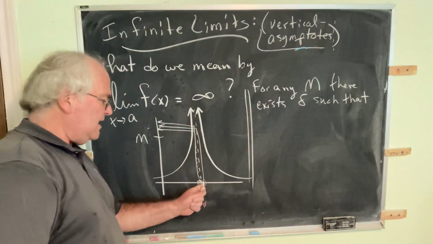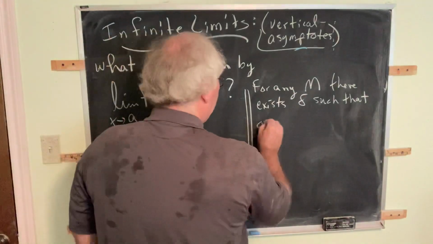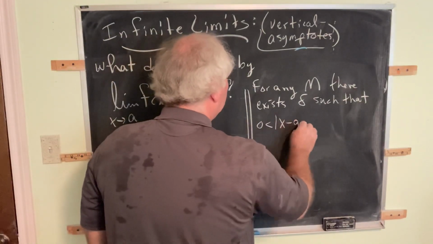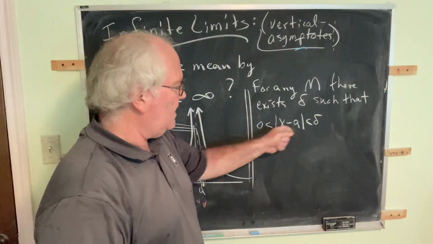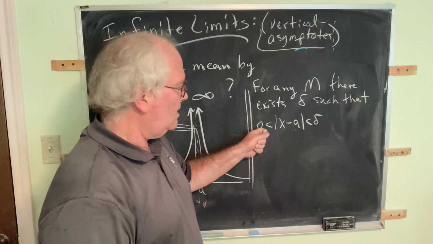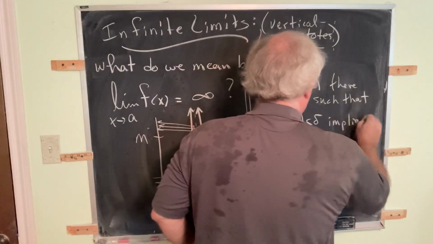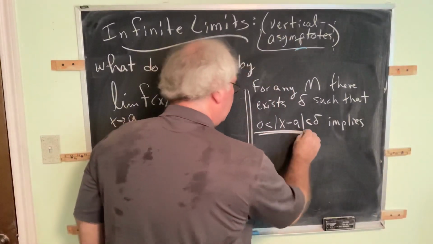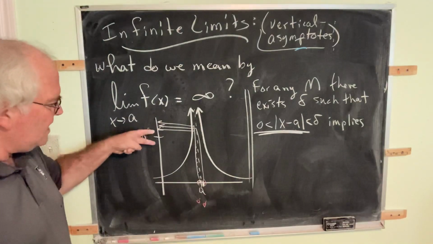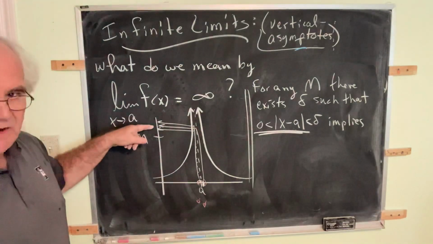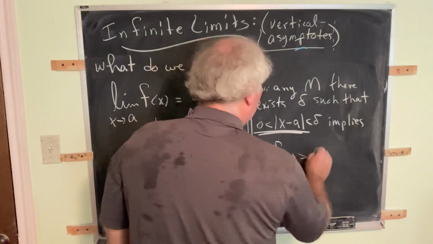We said every x inside that interval except x equal to A. This is our same familiar: x is inside the interval, x is not equal to A. If this is true, that implies what must be true of these function values? The function values don't need to be inside of an interval. The function values just need to be greater than M. f of x is greater than M.